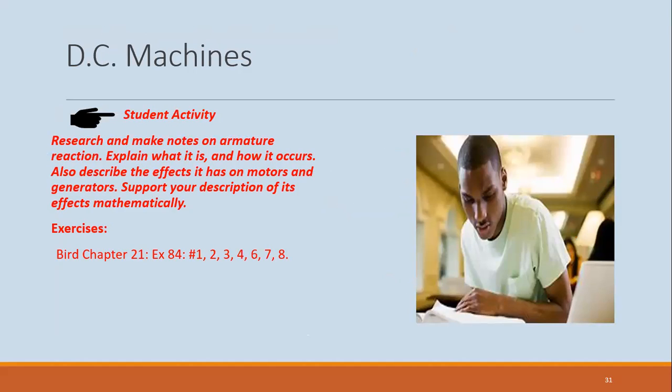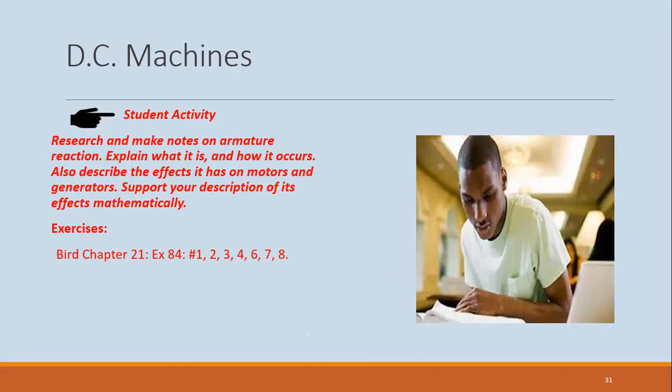All right, so I'll give you a little activity to do. There's something called armature reaction, and it occurs when the machine is carrying basically a large armature current. So I want you to read up on it and see what kind of effect it has on the motor and on the generator.